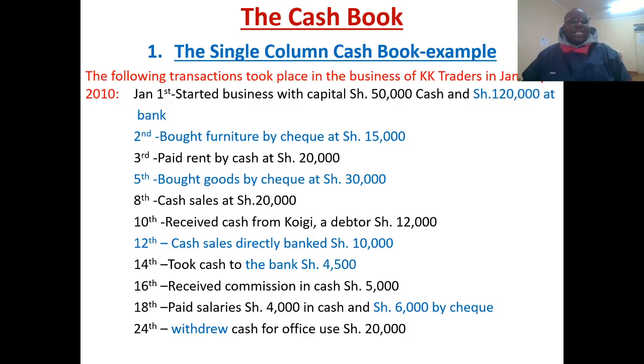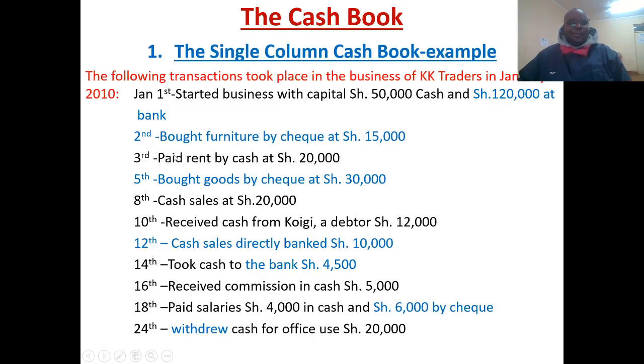We look at an example of a single column cash book. The following transactions took place in the business of KK Traders in January 2010. On 1st of January, the business started with a capital of 50,000 cash and 120,000 shillings at the bank. On 2nd, KK Traders bought furniture by check at 15,000 shillings.